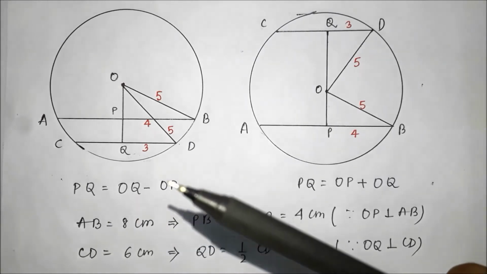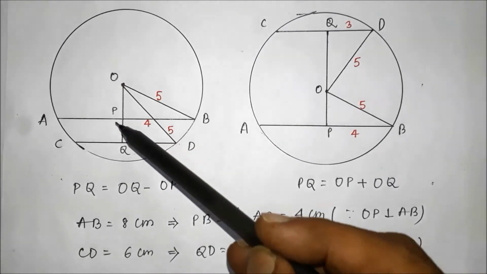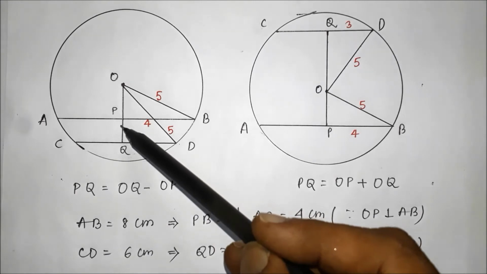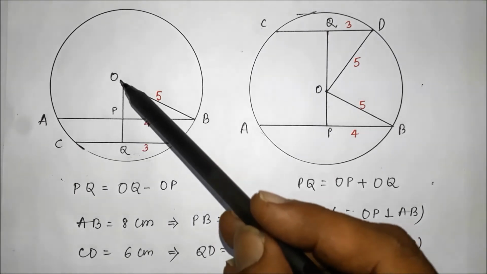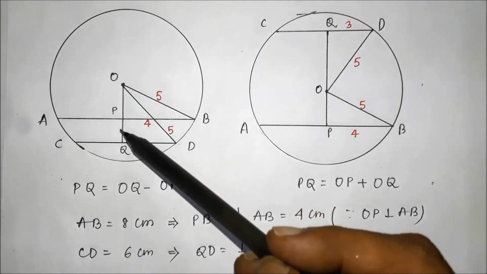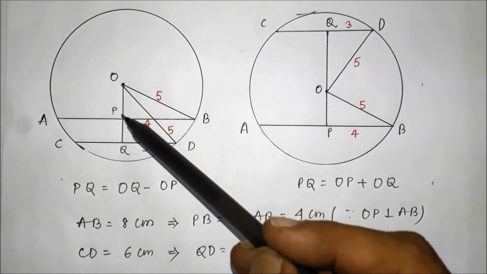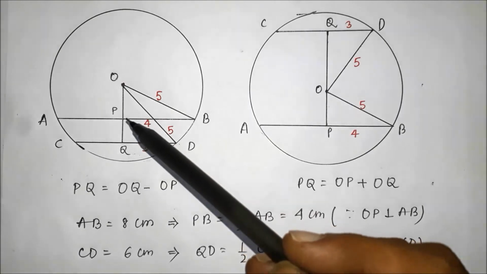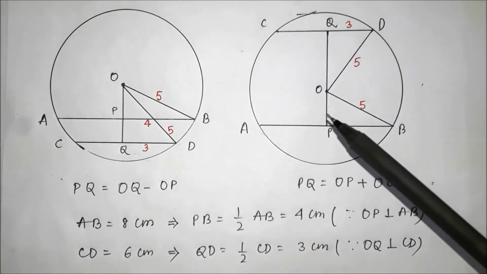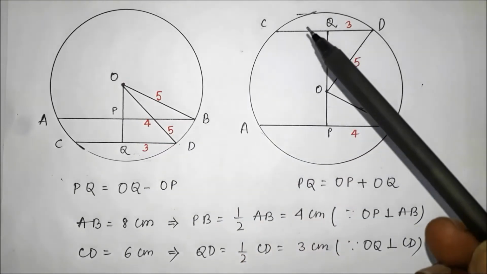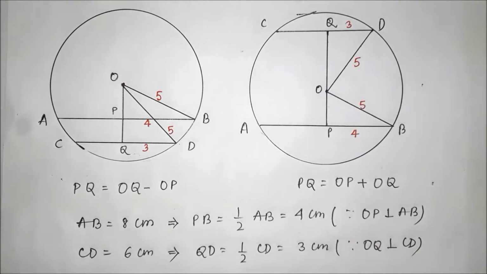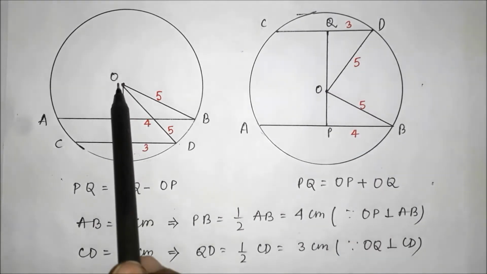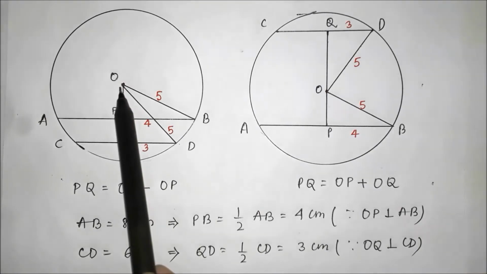Now we need to find the distance between the chords. That means we need to find PQ. Now in this case, PQ equals OQ minus OP. Here, PQ equals OP plus OQ. So basically there are two right angle triangles.